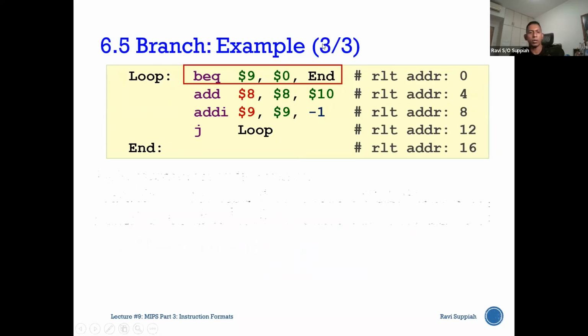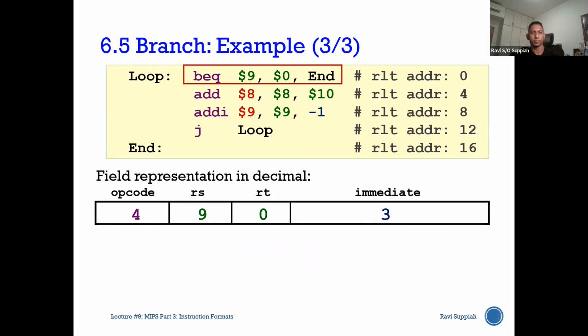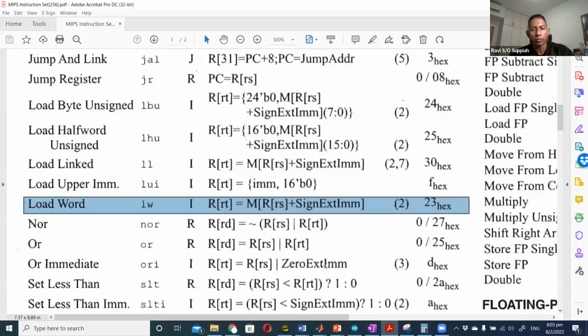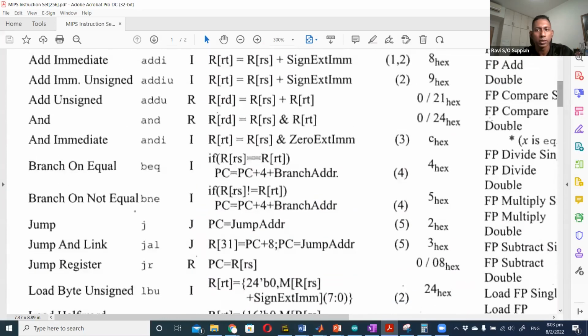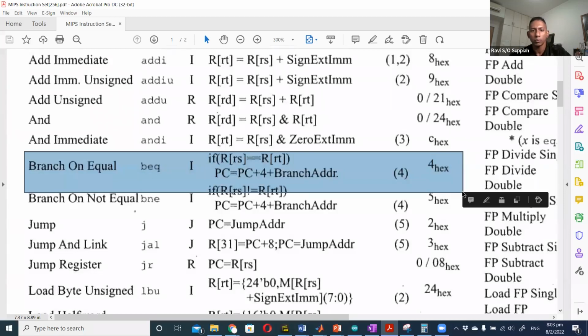If I want to encode this, it will look like this. This is RS, RT, obtained from the instruction directly. BEQ is 4, so let's just look at that from the instruction set over here. Here is branch on equal, which is 4.